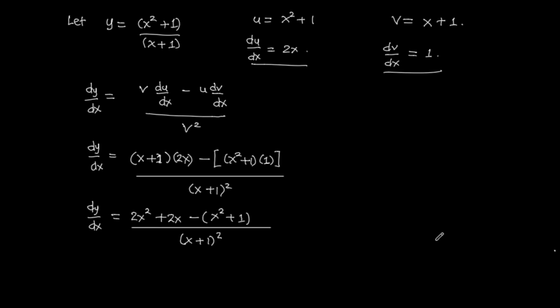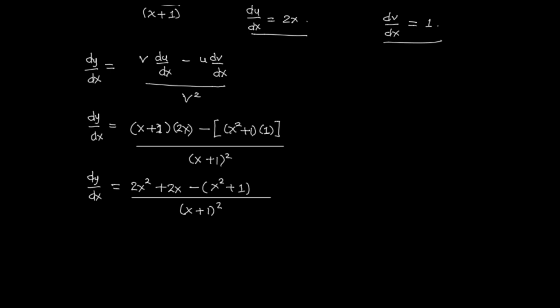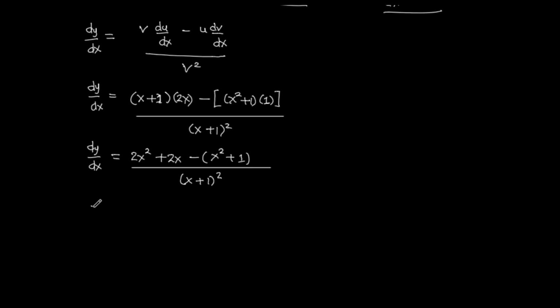So let's open up this bracket to see dy by dx equals to 2x squared plus 2x.